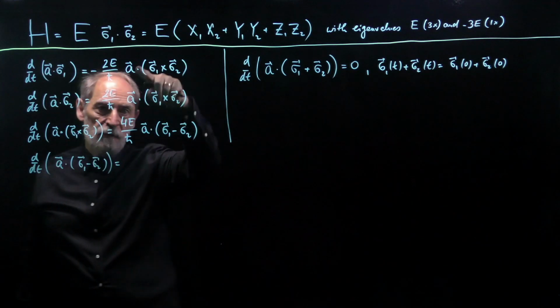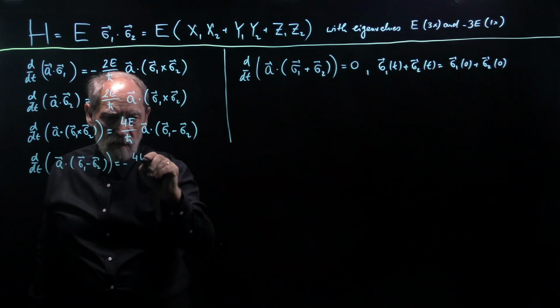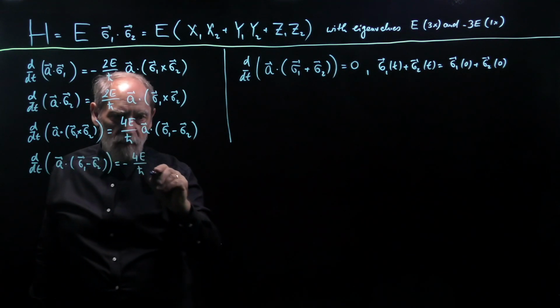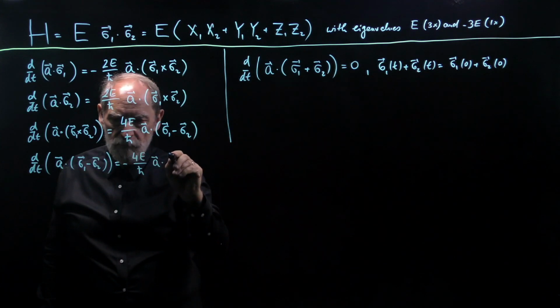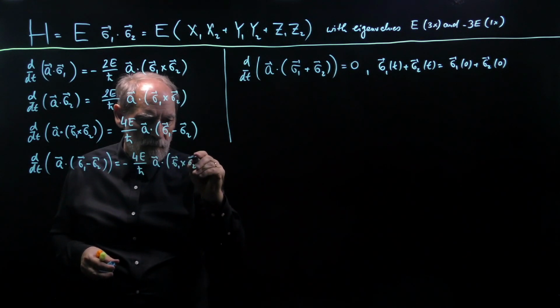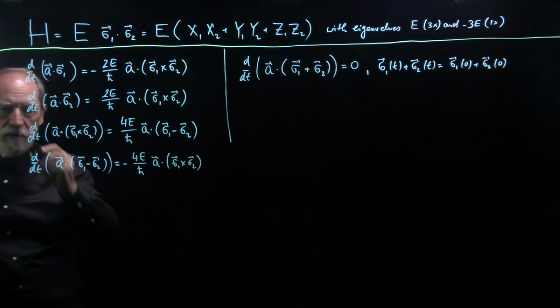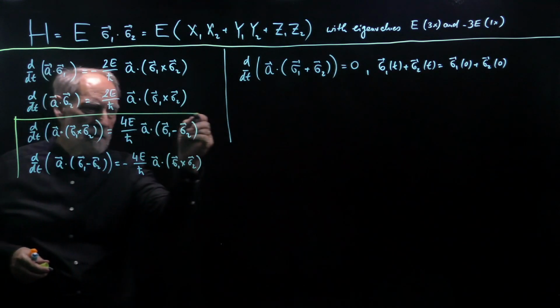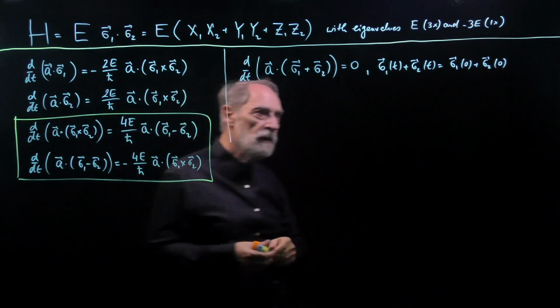So we have the difference of the two right-hand sides, and so it's minus 4 times the energy divided by h bar, and then a dot sigma 1 cross sigma 2.